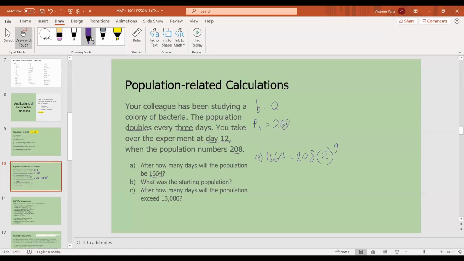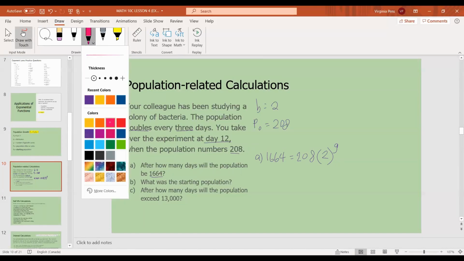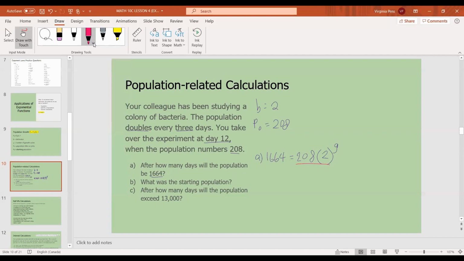What's really helpful a lot is simplifying. So right now you're given a bunch of numbers, but we want to simplify it. What can we do in here to get rid of some numbers? Well, we can definitely divide both sides by 208 to get rid of this 208.